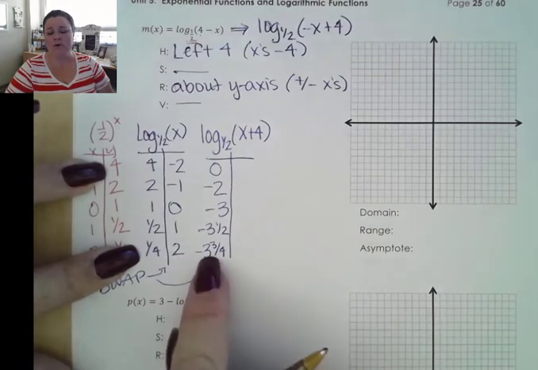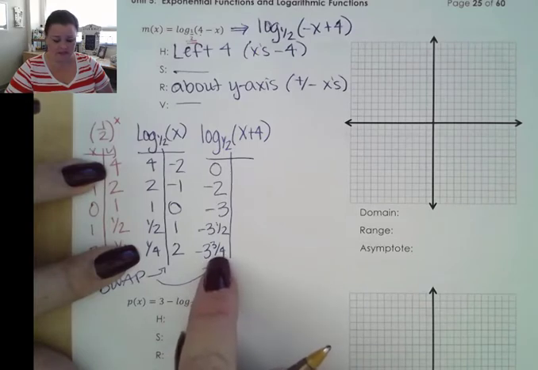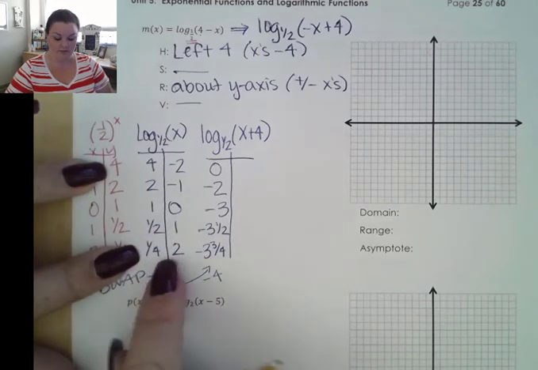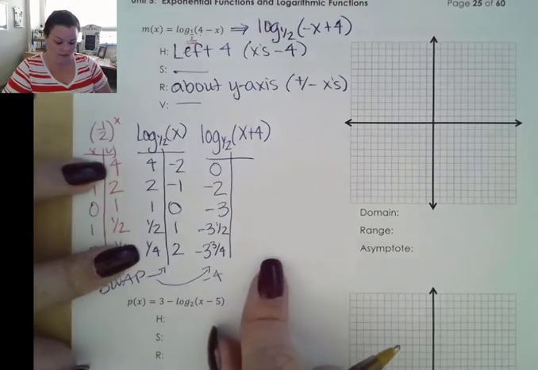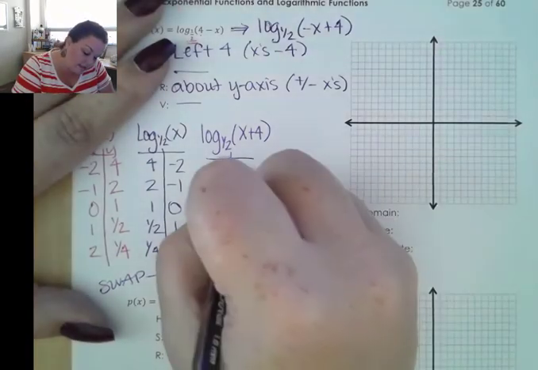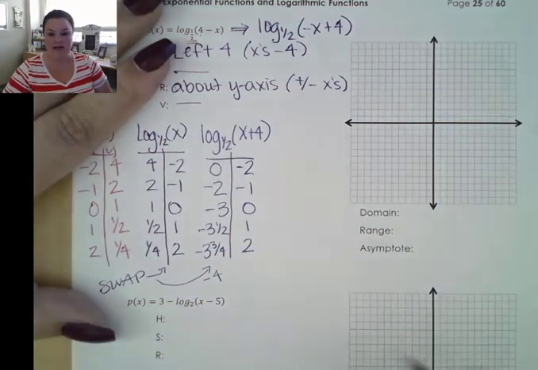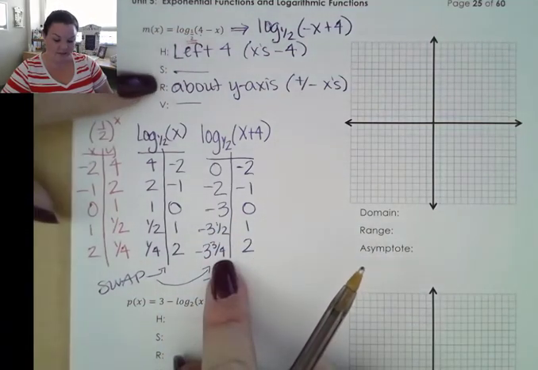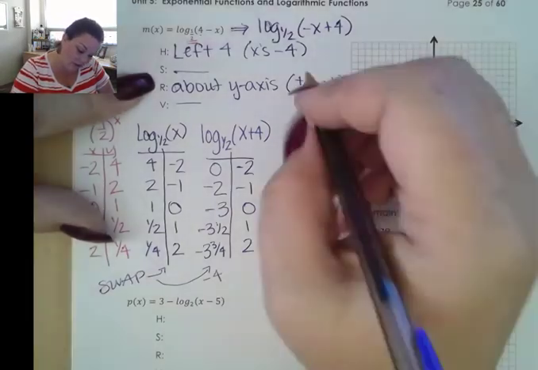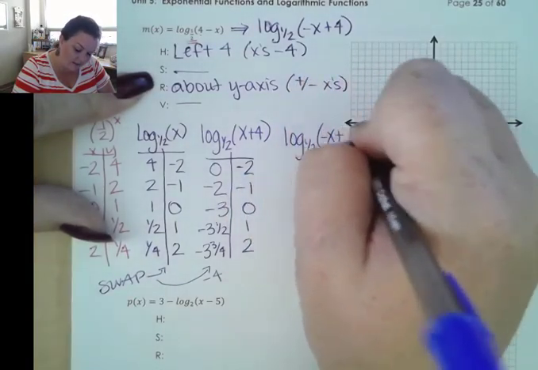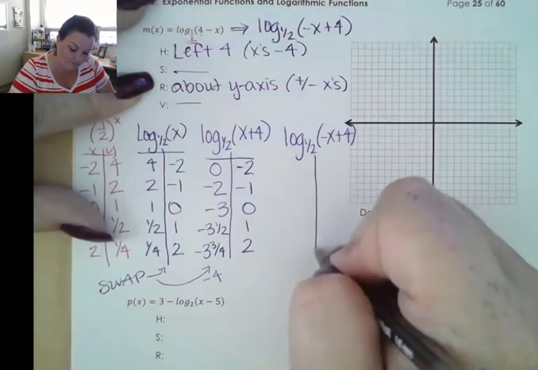Now, these points are just to help you graph. So if it's easier for you to make these into decimals, use 0.5 and 0.25. That's totally fine. Our y's stay the same, -2, -1, 0, 1, and 2. And now we just need to do our last transformation, which is our reflection. So now we have log base 1/2 of -x plus 4.